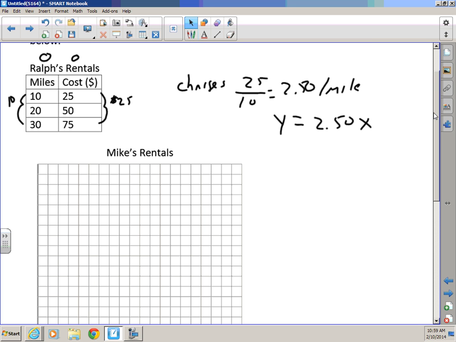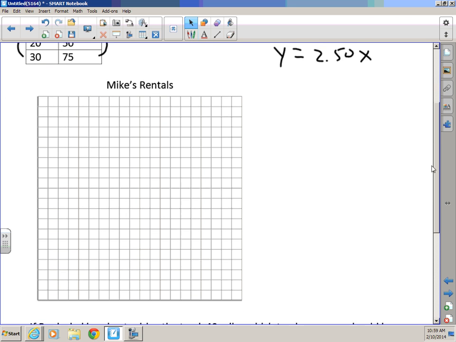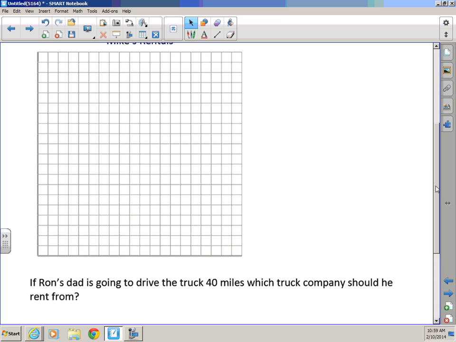Now we go to Mike, okay? And Mike, represented by this table, is miles, dollars, going up by 5.